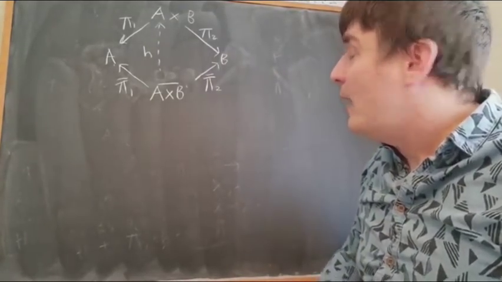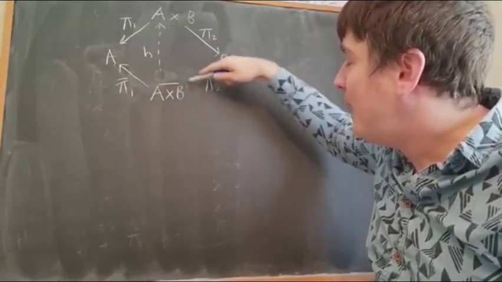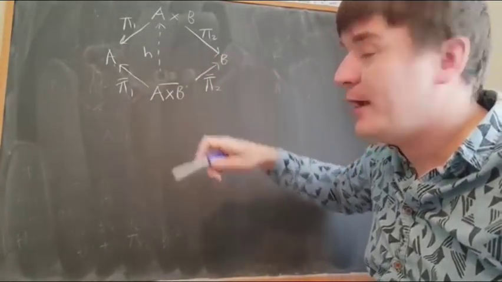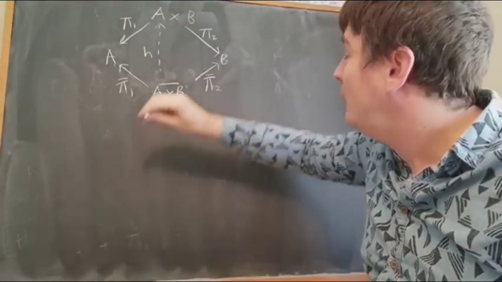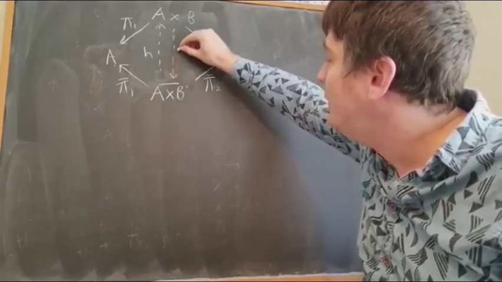So now let's flip around and think about things from the perspective of this. This is also a categorical product. And so there's going to be an arrow the other way, which we can call H bar.